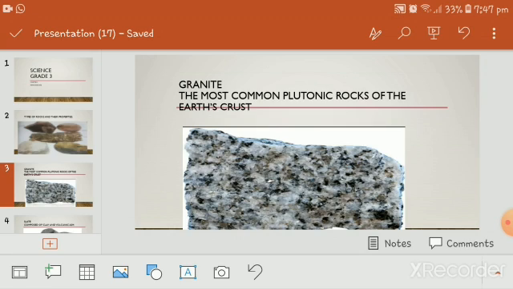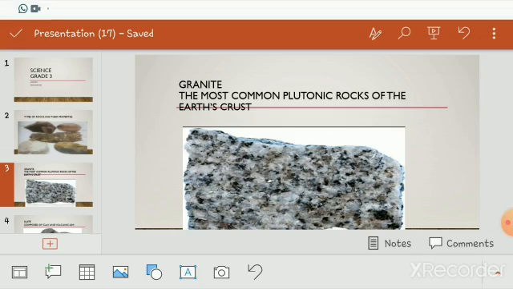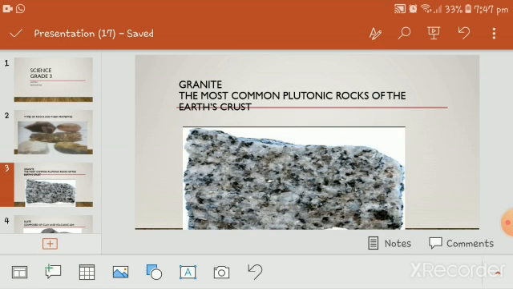This thing I told you, that the outer layer of the earth is called the crust, and this is the most common plutonic rock of the earth's crust. Now let me tell you about the structure of granite. It has large crystal grains that can be seen easily by naked eyes.